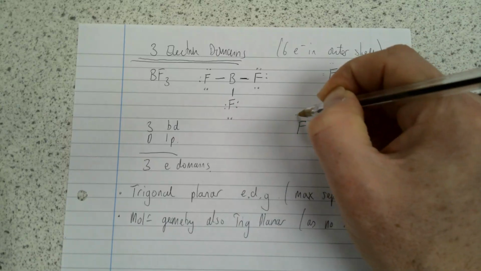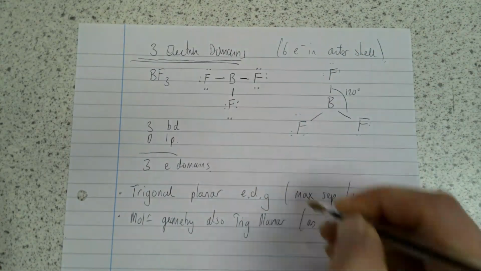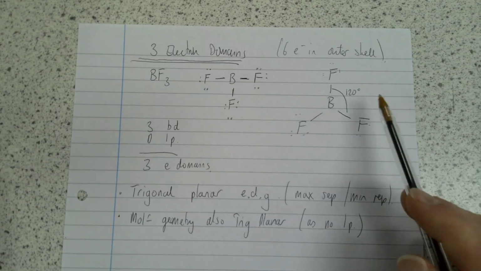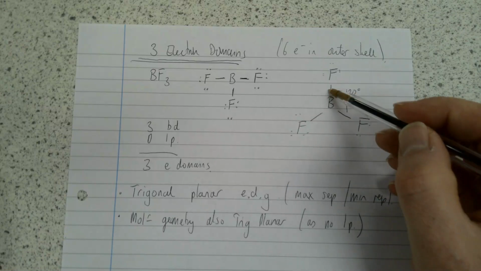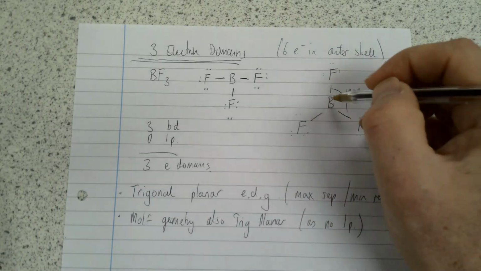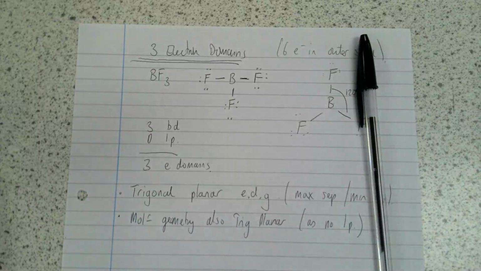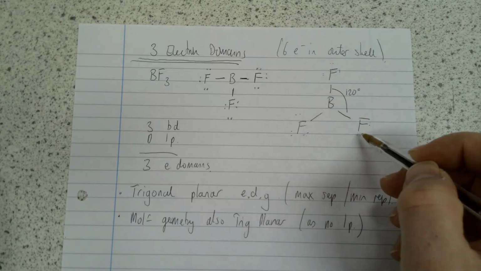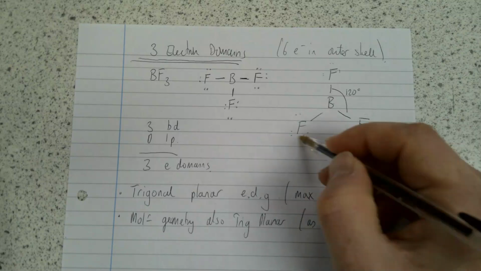Why do all the lone pairs on the fluorine atoms aren't involved in the lone pair count? Because it's the effect of these electron domains on each other. I mean, these other lone pairs are really nowhere near enough to each other to have an effect.